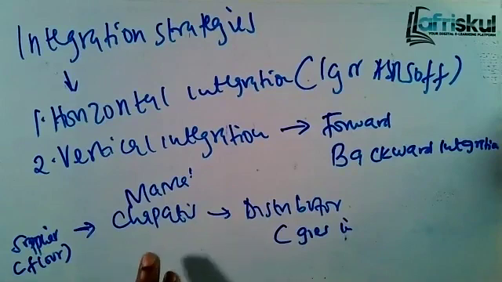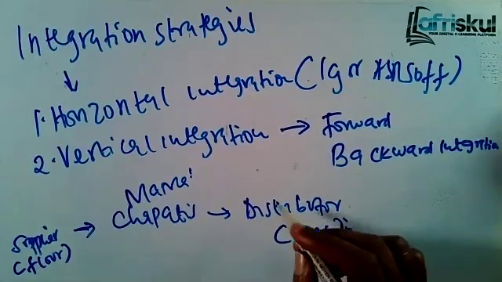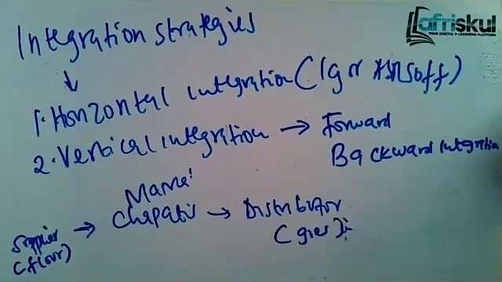So taking over the functions previously provided by the supplier will therefore lower the bargaining power of the buyer. Then when it comes to taking over the functions that were previously provided by the distributor, now I'll be distributing these chapatis myself. That's what we call forward integration.